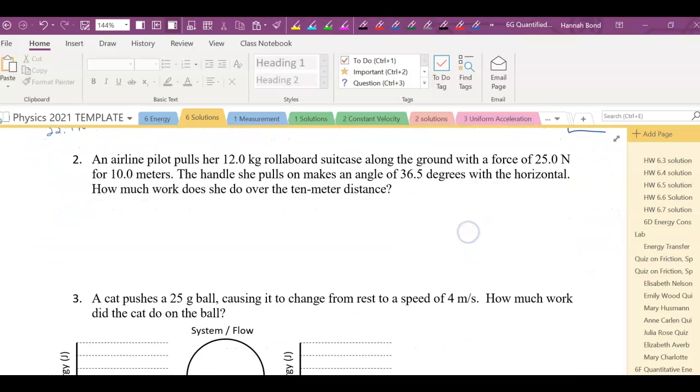Let's think of another example. Here we've got someone pulling a suitcase through the airport with a force of 25 newtons, and the handle makes an angle of 36.5 degrees with the horizontal.